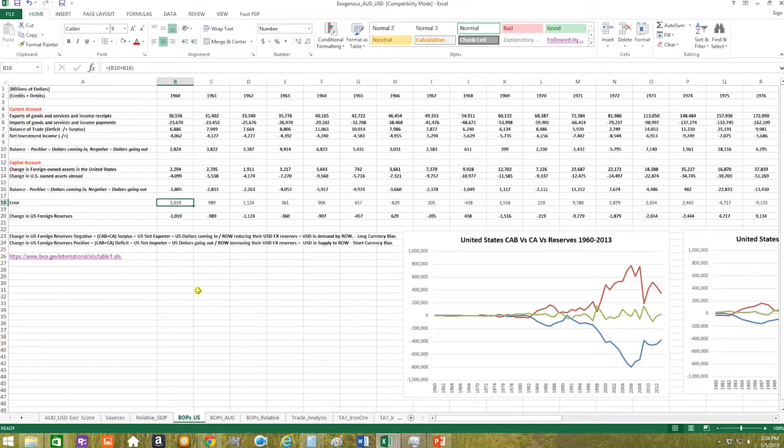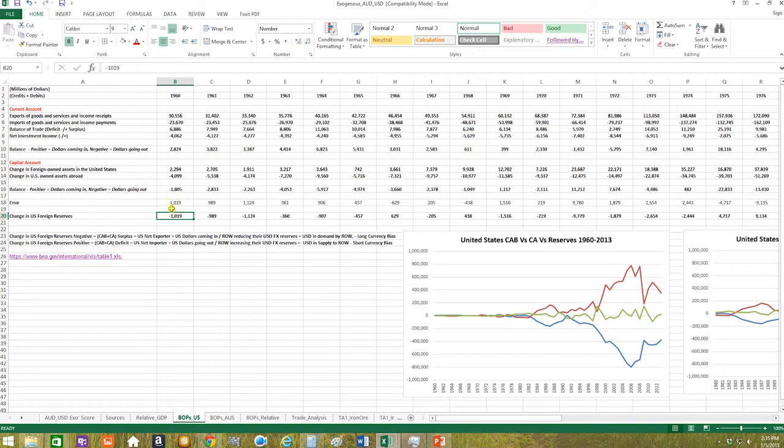But if we just take a step back, if this number is positive, and the current account balance and the capital account balance are supposed to net each other out, then this number here represents the amount of US dollars coming in. The balancing item is therefore the flip side of that. So it's the change in US foreign reserves.